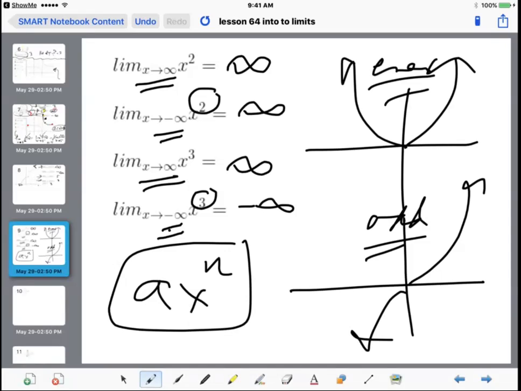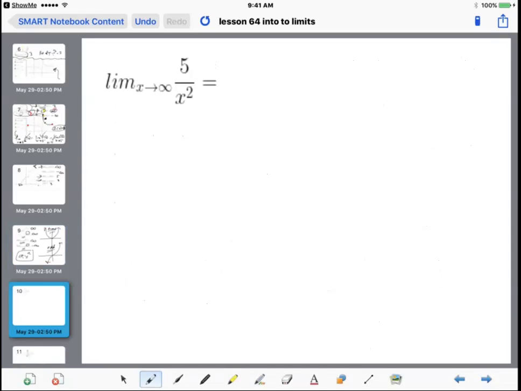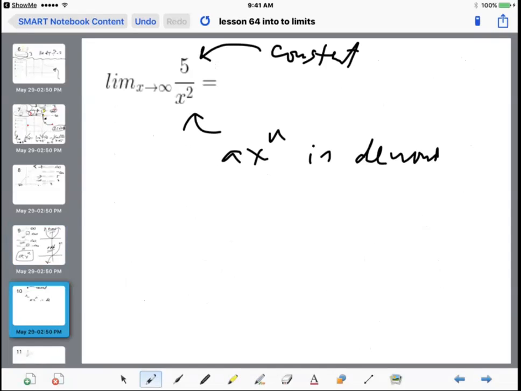Okay, but what about more complicated ones? Now in this situation, we have a constant in the numerator and some kind of ax to the n in the denominator. And that's another basic one that we're going to be able to build more complicated ones from eventually.